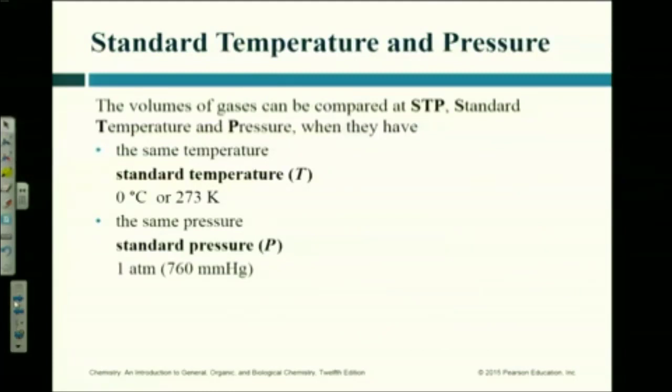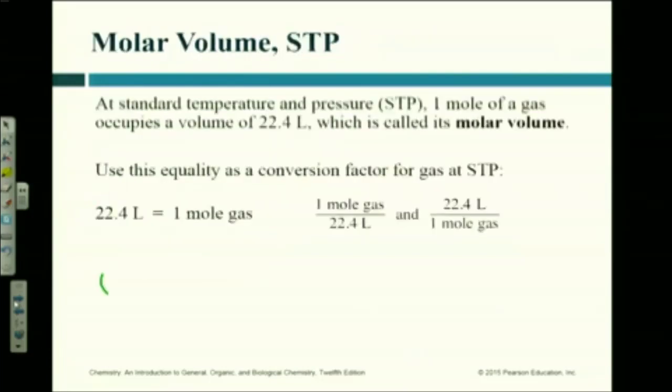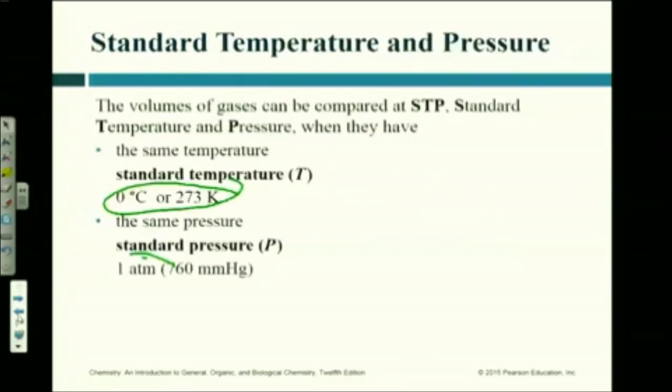Now, this idea of 1 mole equaling a certain volume comes out of this, okay? If the pressure and the temperature are at standard conditions, and for this work, standard conditions is 0 degrees C and 1 atmosphere.